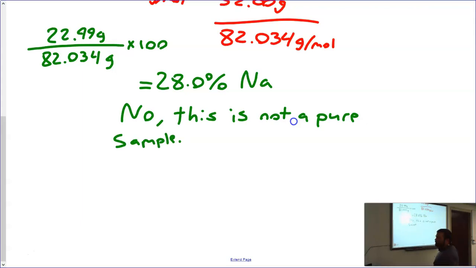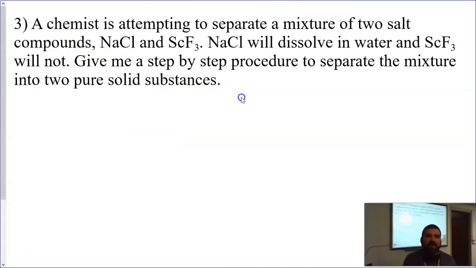Okay? And the reason is that the percentage of sodium in sodium acetate is 28%. What was analyzed was only 15. So it can't possibly be pure sodium acetate. The percentages don't match up. Okay? All right, last but not least, we have one more problem here that I'd like to run through.